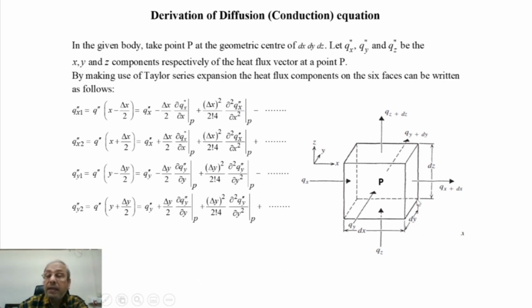Now on the right surface, which is at a distance plus delta x by 2, we consider qx2 double prime, which is given by qx double prime, again through Taylor series, plus delta x by 2 del x of qx double prime, plus delta x by 2 square by factorial 2, that means delta x square by 4, and in the denominator factorial 2, del 2 qx double prime del x2.